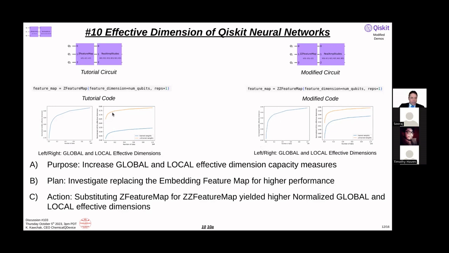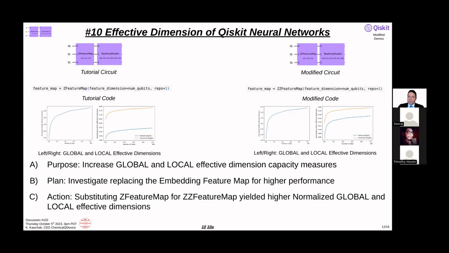On the left, this blue single curve is the global effective dimension, with the axis at about 0.86. The right one is for trained and untrained weights of local. It's believed that local effective dimension is going to have a greater impact than global, and that's where the research is likely to be focused.